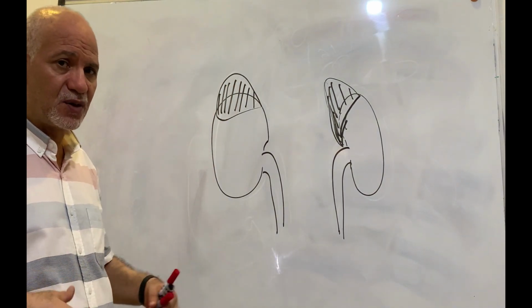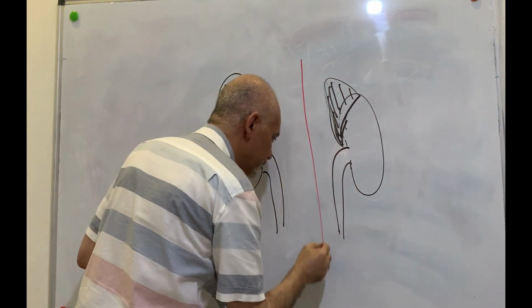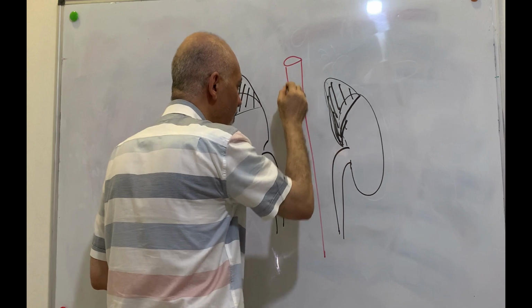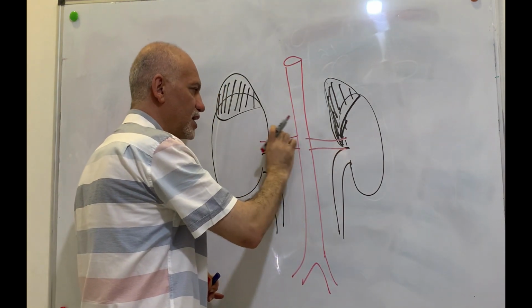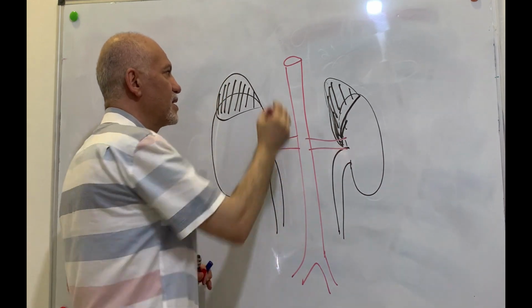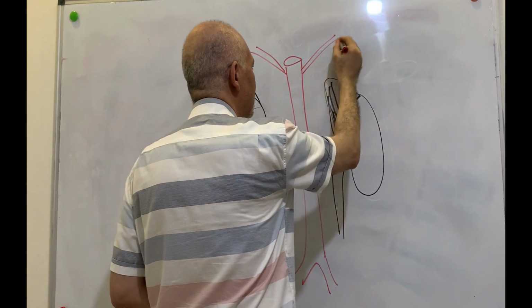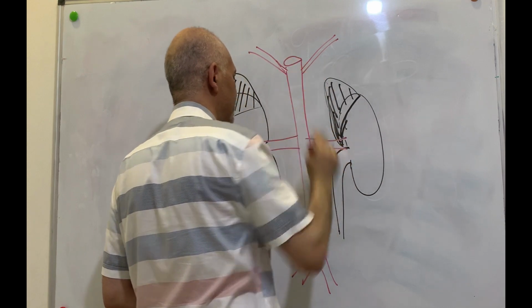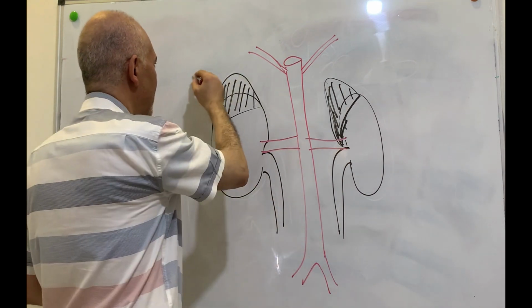Arterial supply again of the suprarenal gland. Suppose this is the abdominal aorta. This is the renal artery supplying the kidney. This artery supplying the diaphragm is called phrenic or inferior phrenic artery.